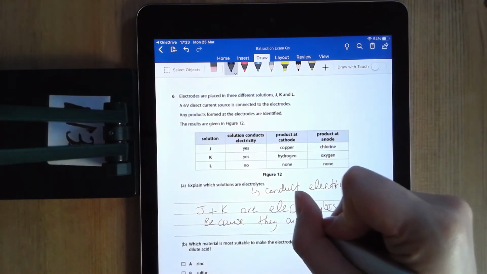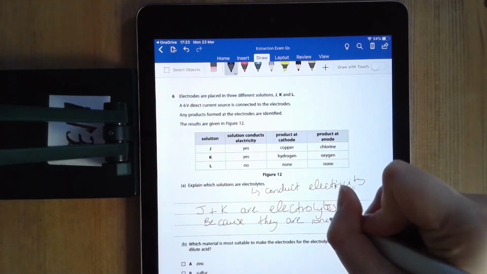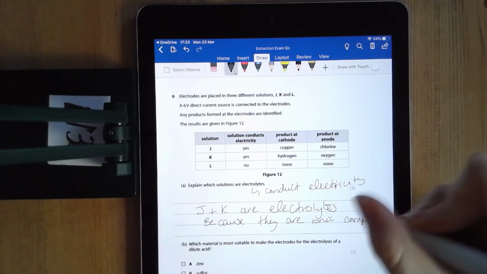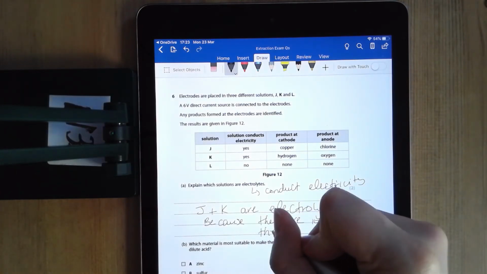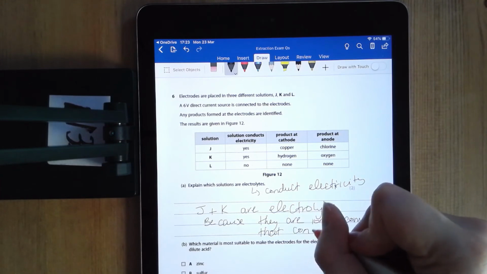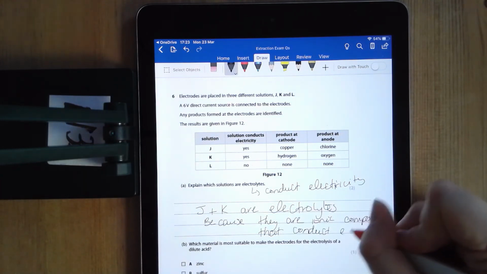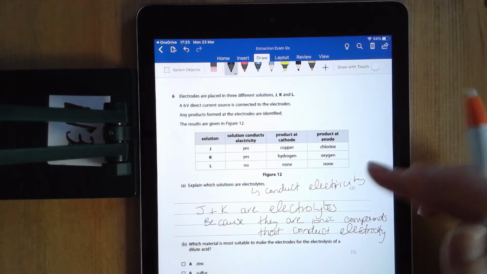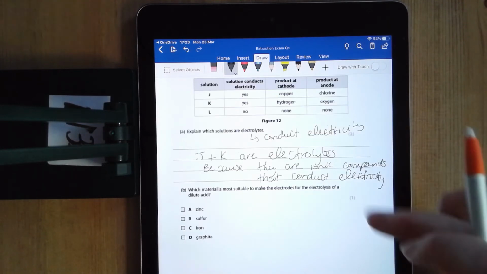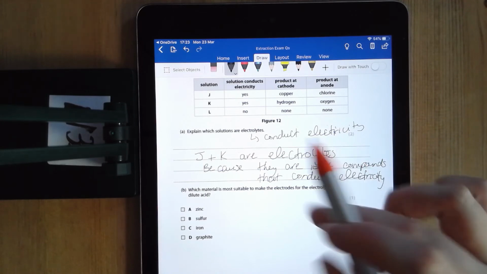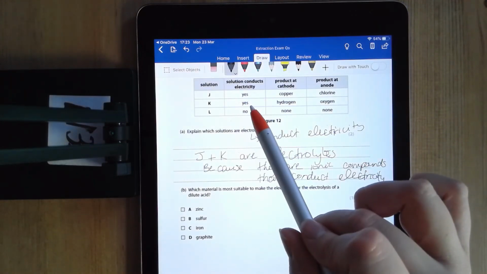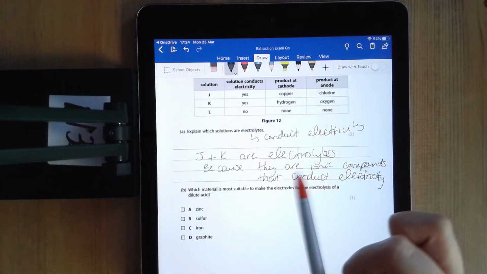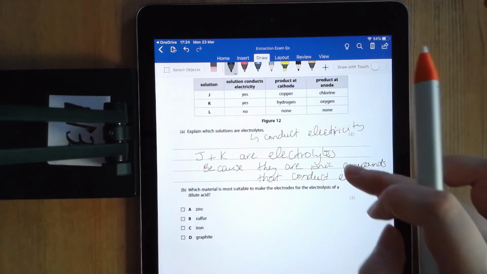Because they are ionic compounds that conduct electricity. Or you can say because they have ions to conduct electricity. You just need to mention the word ions in your answer as well. So these two conduct electricity, which means they're electrolytes, and I know they're electrolytes because they're conducting electricity. They're doing so because they've got ions.